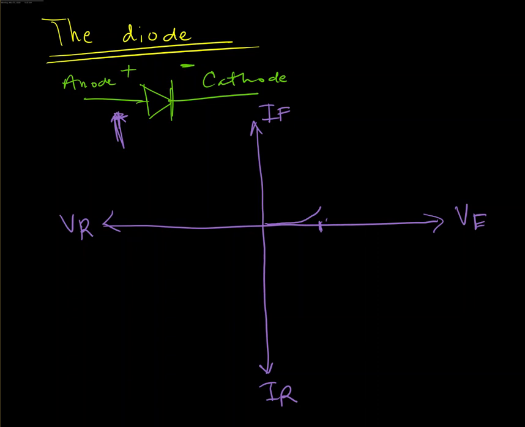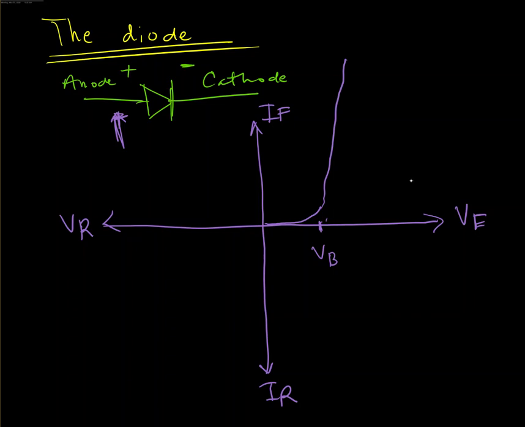Sometimes we call it the forward voltage in general, but we mean the forward voltage when it's on. So I'll just put a little VB here. Once the voltage gets above that point, the current can increase quite rapidly, and that's when we say that the diode is on.